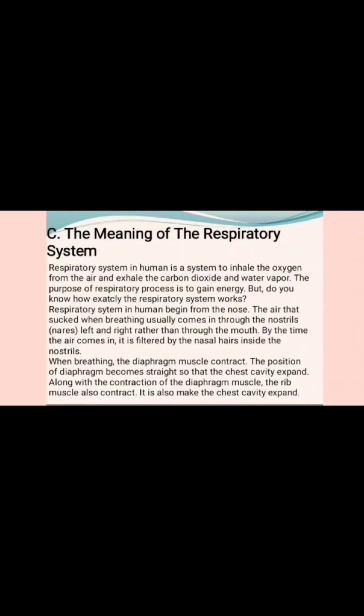When breathing, the diaphragm muscle contracts. The position of the diaphragm becomes flattened so that the chest cavity expands. Along with the contraction of the diaphragm muscle, the rib muscles also contract.